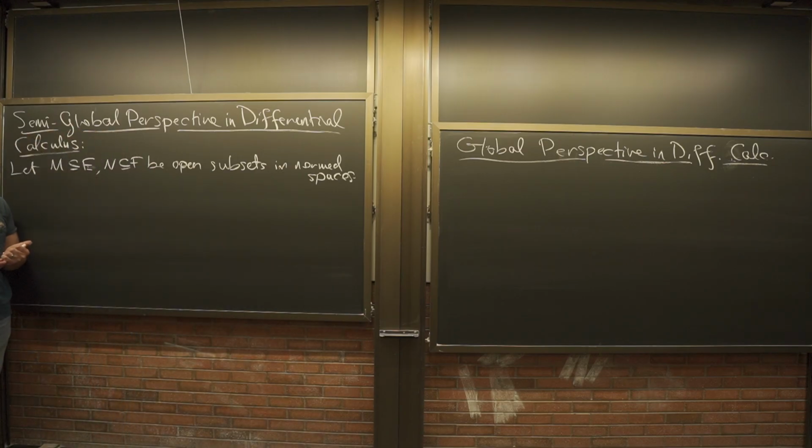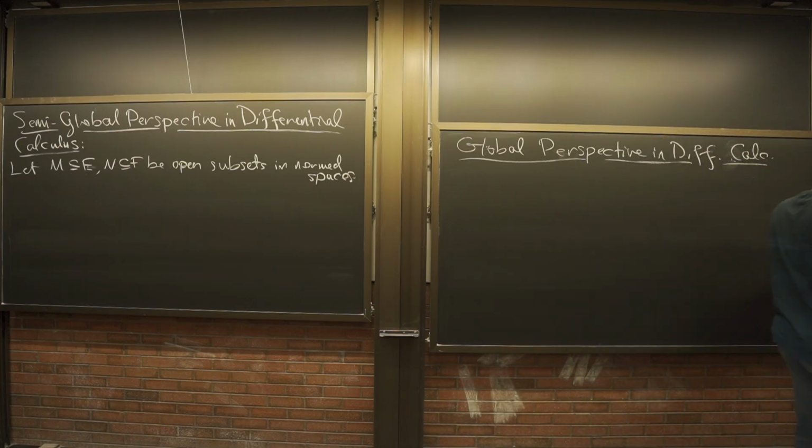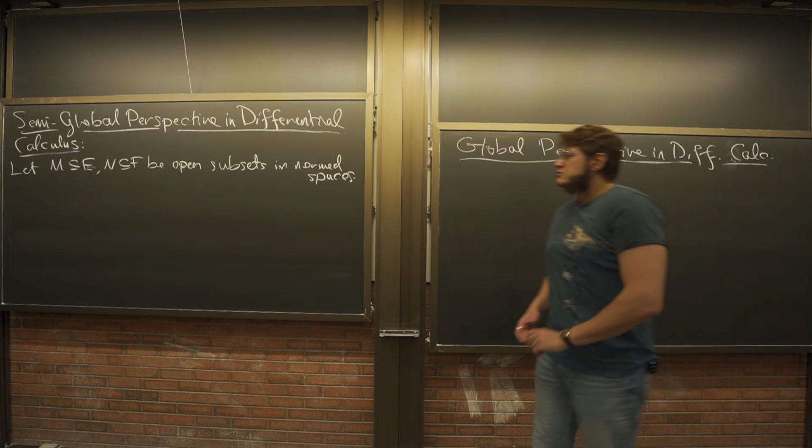I'm going to define things like tangent space and tangent bundle for these guys, and that's going to give some sort of semi-global perspective. And I'm going to try to give you some sense as to why I would want to do this. And then we're going to try to tease out what the global perspective should entail. In particular, we're going to try to come up with a definition of a manifold, a space on which you can do calculus. Okay.